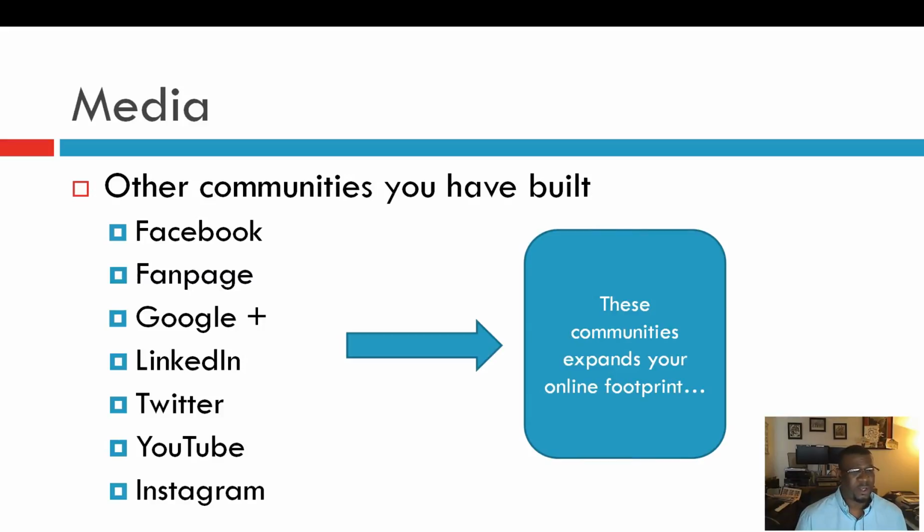And when I speak of the online footprint, it's the same as your online real estate. It just really broadens your online footprint altogether, and makes you that much more accessible once content is being placed out on the internet.